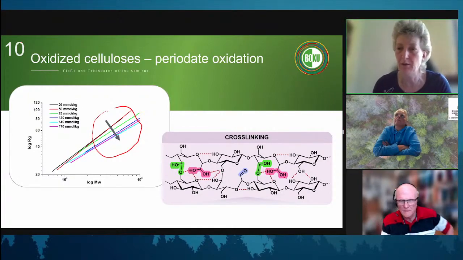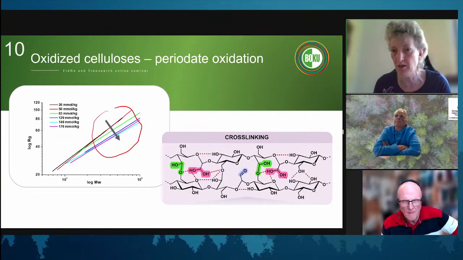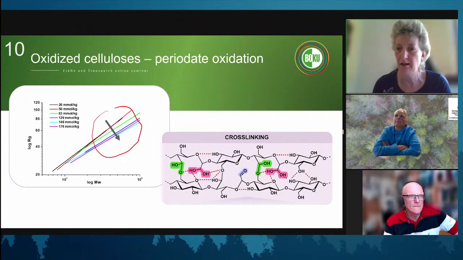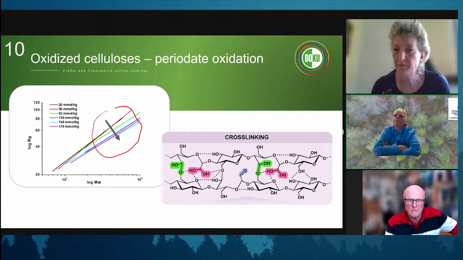Your calibration should be linear because you're using linear columns, and we are using linear columns for that reason. If you have an S-shaped calibration line, then your state of dissolution is not acceptable. You have to do something, or you cannot use the data.